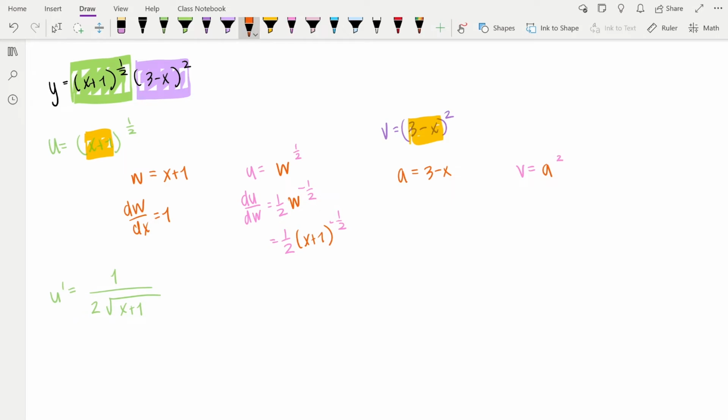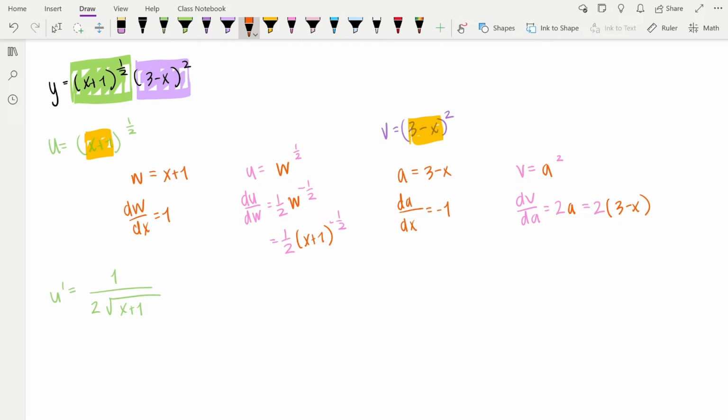I take the derivative of each of these with respect to the variable they're written in. So da/dx is negative 1, and dv/da is 2a, but I'd like that written in terms of x. So it's 2 times (3 minus x). I've done this problem before.